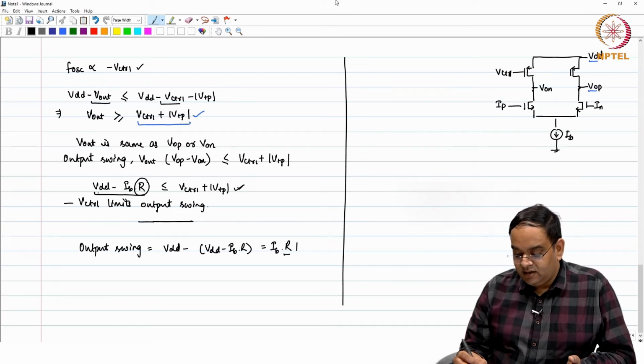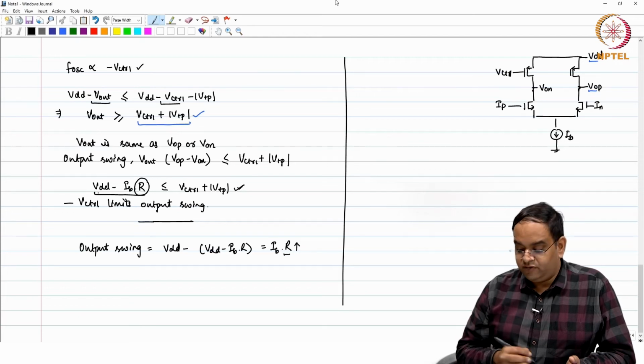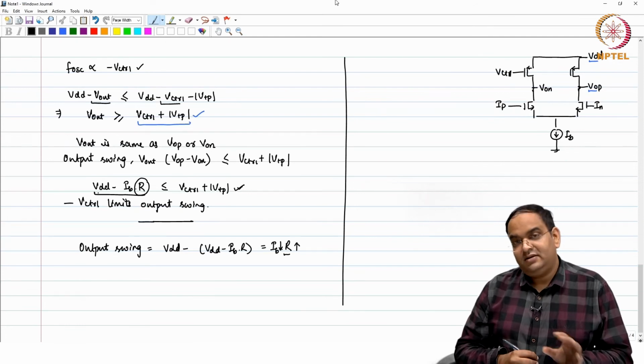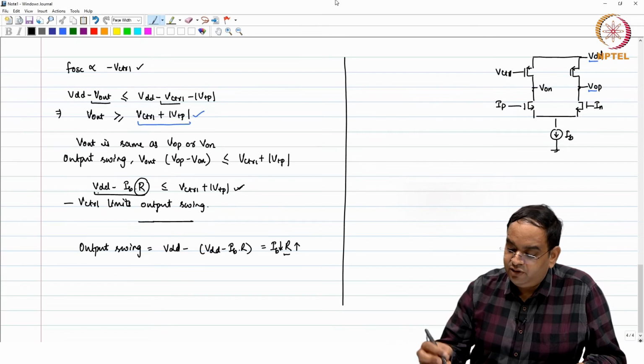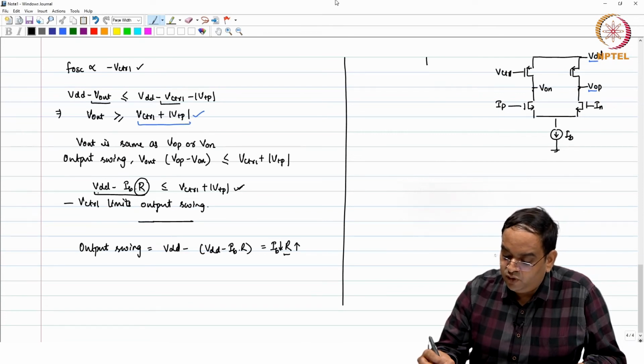If R increases to reduce the frequency, then we should reduce IB such that the output swing remains fixed.